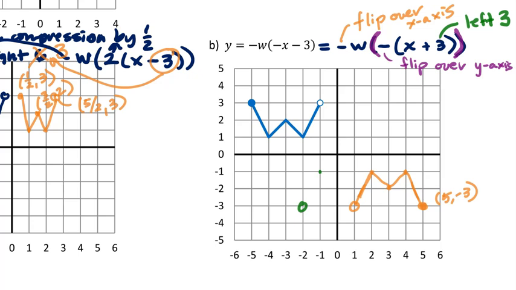The middle of the W was at 3, -2, so it will land at 0, -2. The top right corner was at 4, -1, so it will land at 1, -1. And then last point is 5, -3, so it will land at 2, -3, and that's our closed circle.